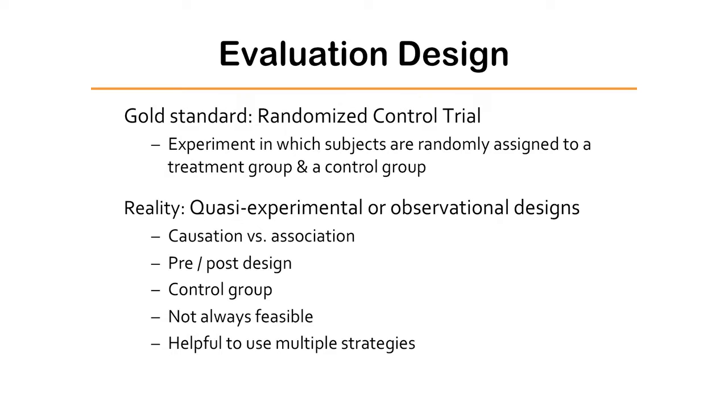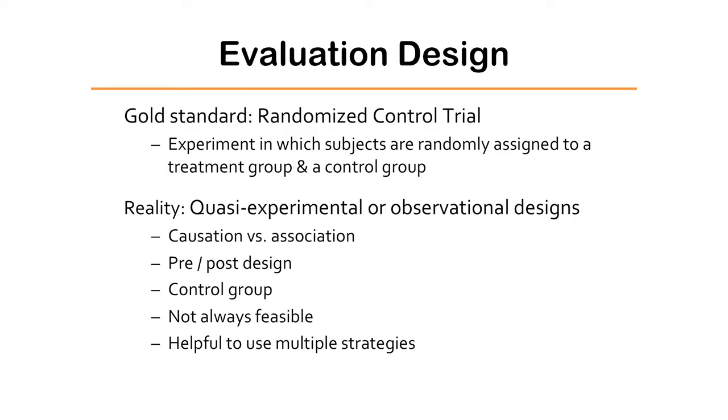With a quasi-experimental or observational design, because we're not randomly assigning people to those groups, we can't be sure that any changes we see are due to what we did, or they could be due to something else that's going on. So we can never say our intervention caused the changes we see with a quasi-experimental or observational design, but we can say there's an association there, and we can say there's a strong association there.